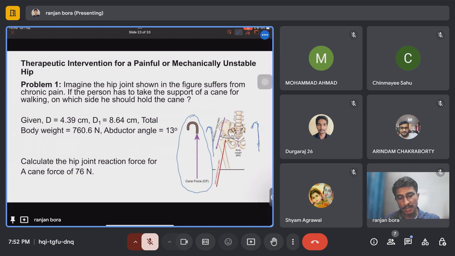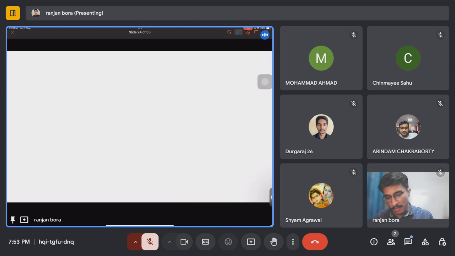In the first case, he will hold the cane on this side. This will be our case 1, and this will be our case 2. Then we'll compare our results and comment on which will be the most convenient case for this patient. I will solve case 1 here.